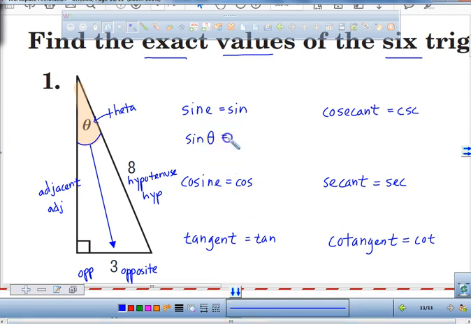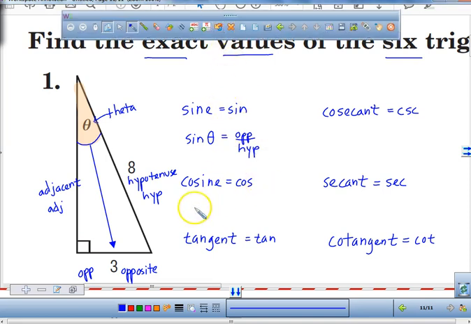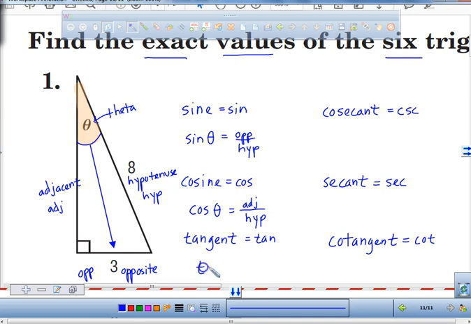So the sine of theta, everybody, is always the relationship between the opposite side in relationship to the hypotenuse. The cosine of theta is always the relationship between the adjacent side to the hypotenuse, and the tangent of theta is always the relationship between the opposite side in relationship to the adjacent side.